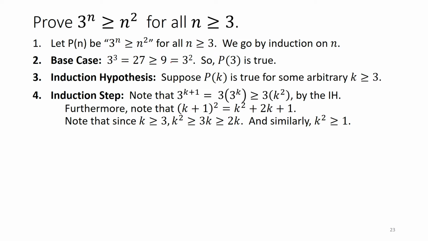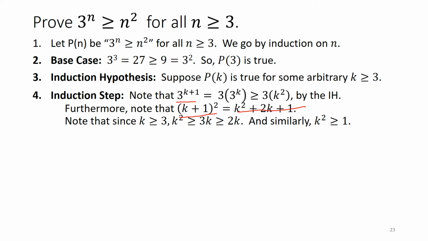So P of k plus 1, the left hand side, 3 to the k plus 1, will be like this, and on the other hand, this will be k plus 1 squared, right? If we simplify them together, this will be 3 multiplied by 3 to the k, and this will be like this.